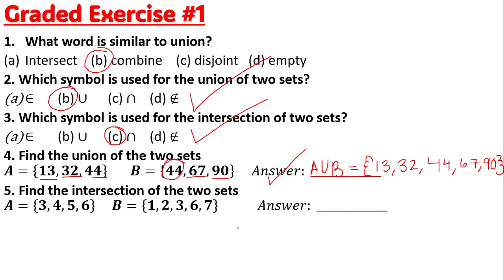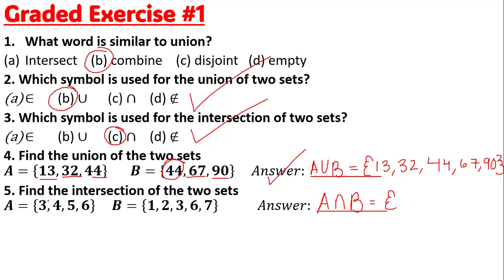Omari is already assigned number 5. Number 5. Find the intersection of the 2 sets. Curly bracket 3, 6, close curly bracket. So what do we have in the intersection, Omari? 3 and 6.